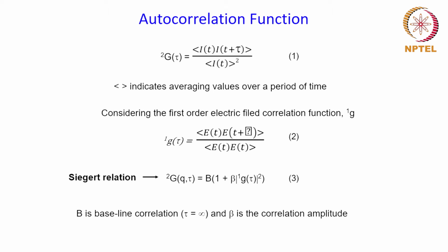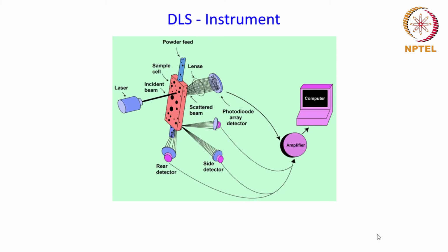So now in this class we are going to see how the instrumentation is and how the experiment is actually carried out in the DLS instrument to measure the particle size and size distribution. Alright, so here is a schematic of the instrument where you can see the vital parts. The instrument uses a laser as a monochromatic light source, as you can see over here.